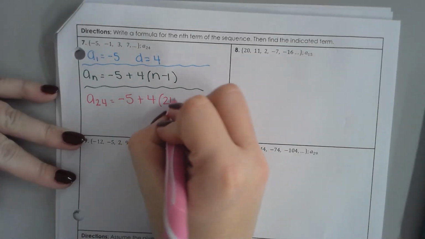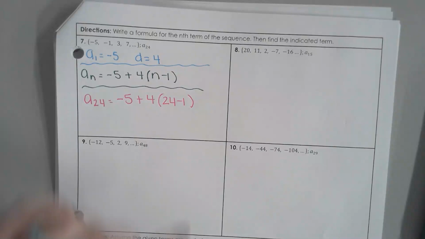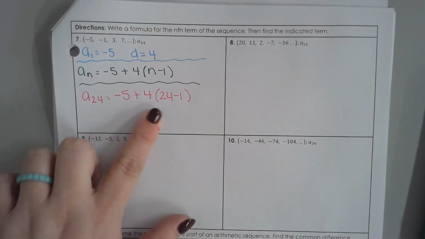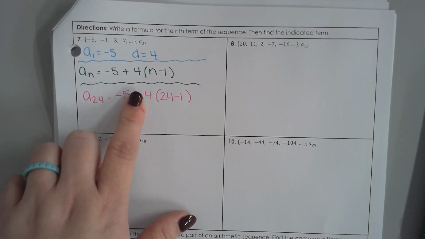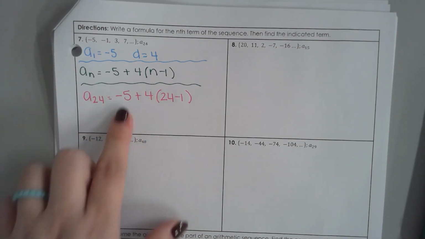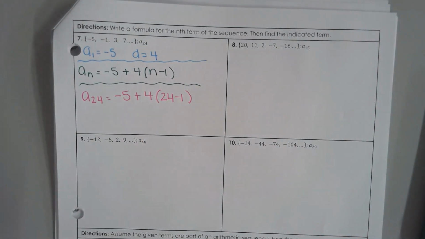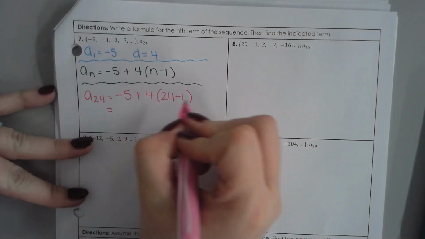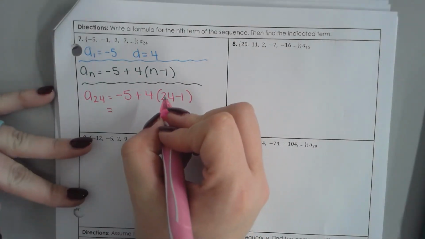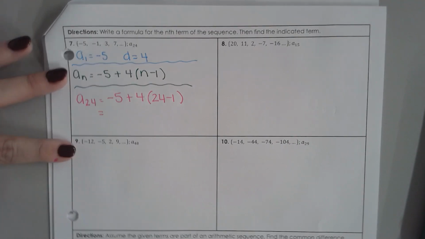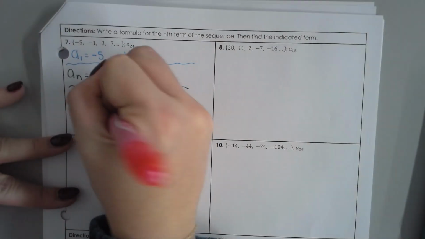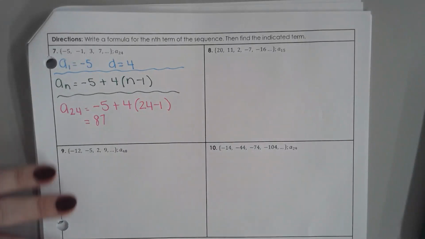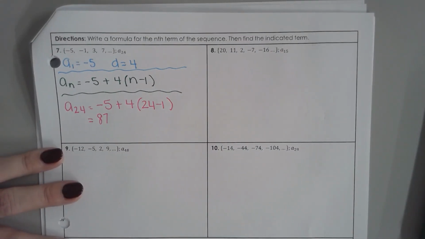Yep. So we put a 24 in the spot for n because I'm finding the 24th term. And Lincoln, what does that give me? 87. Do you all agree? Yeah. Okay.